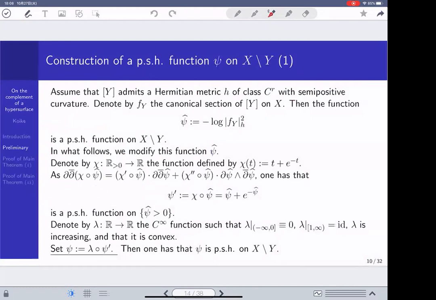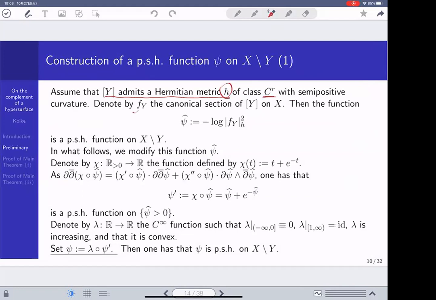Okay, so from now on, we will start the preliminary section. Assume that Y admits a Hermitian metric h of class C infinity with semipositive curvature.